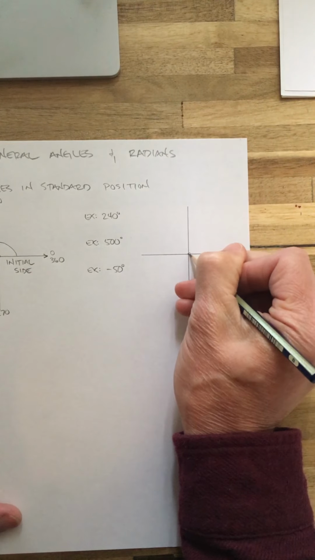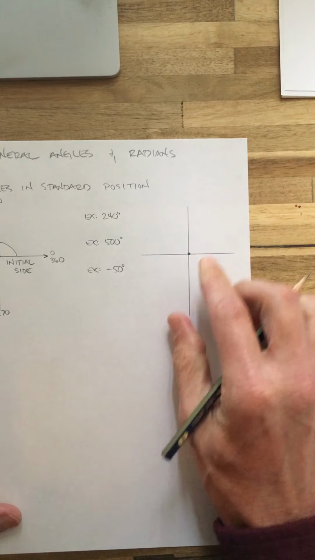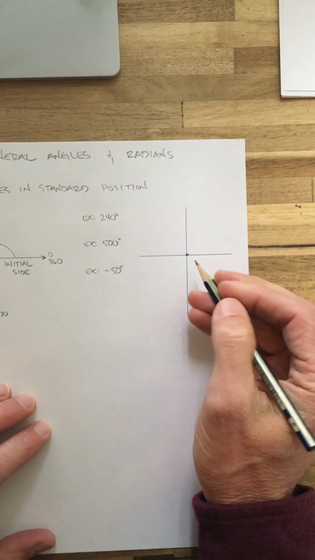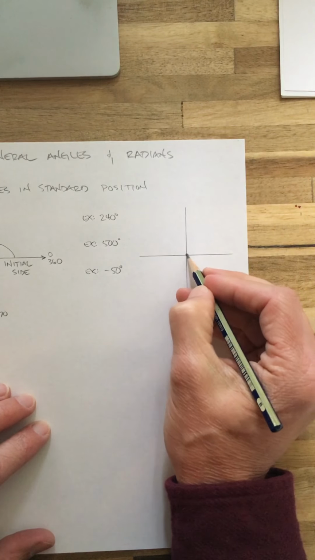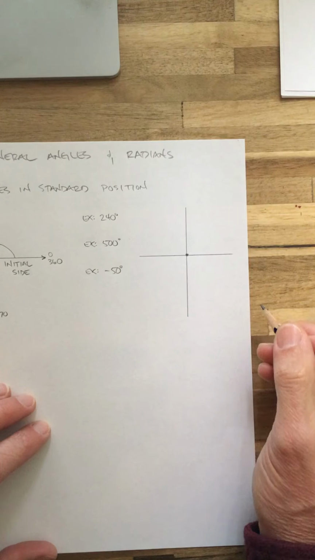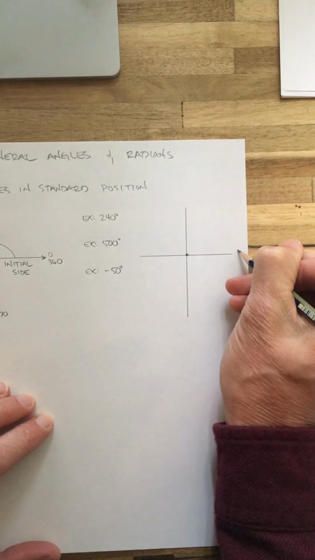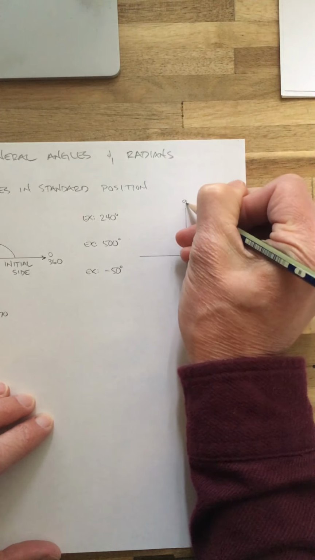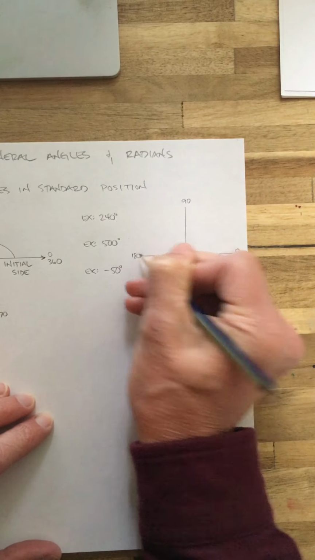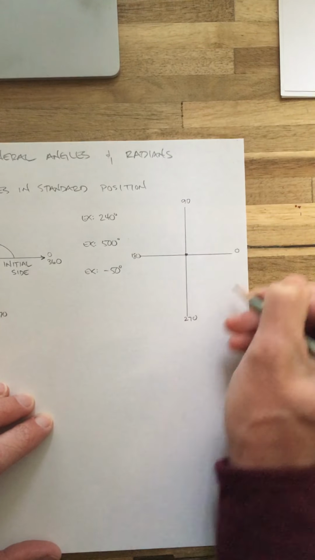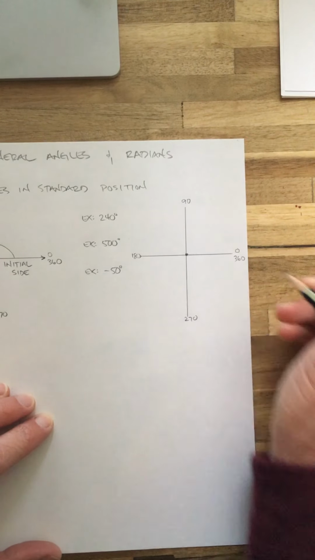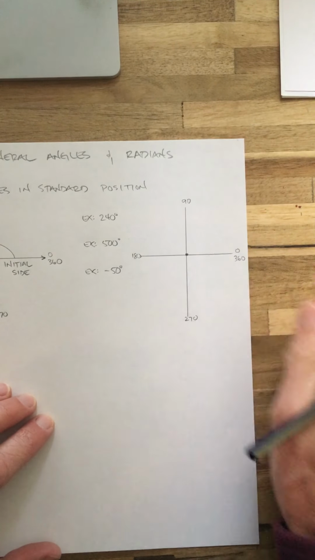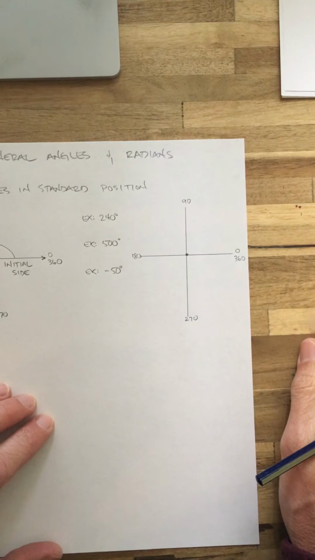Again, this is the center of my axes, the origin, and that's also going to be where the vertex of your angles are going to be. Again, we start off with 0 degrees, 90 degrees, 180 degrees, 270 degrees, all the way back to 360 degrees. And guess what? You can keep on going around the circle, okay? So I'll show you that in a sec.